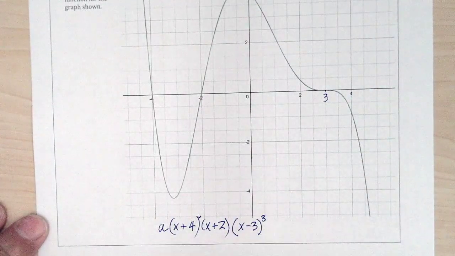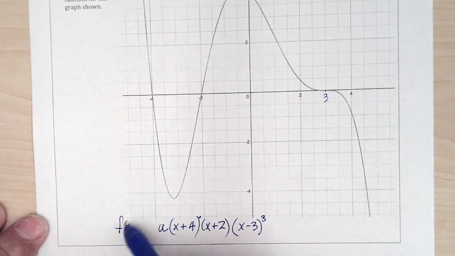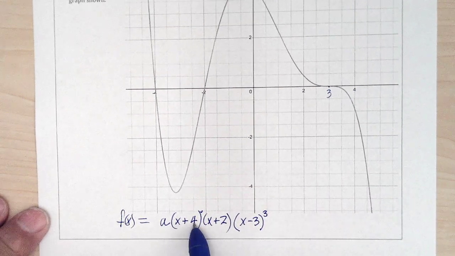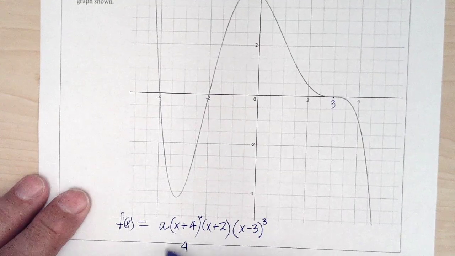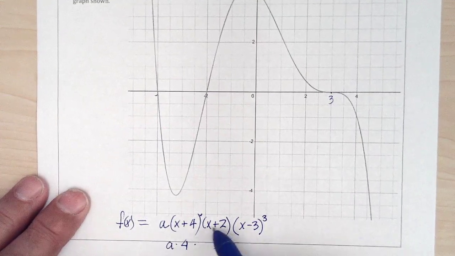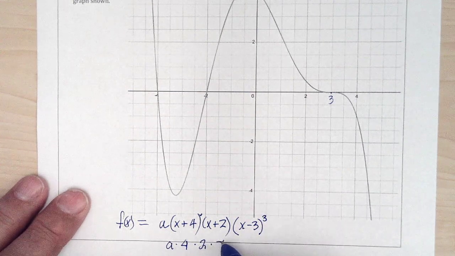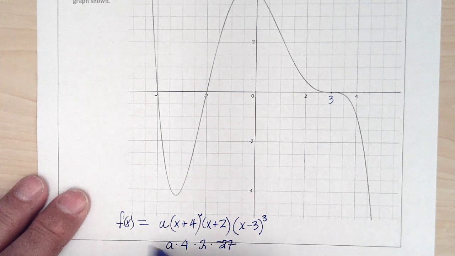And it's supposed to go through 4 on the y-axis. So there's got to be an a here that makes this have a value of 4 when x is 0. If I put 0 in here, I get 4. If I put 0 in there, I get 2. If I put 0 in there, I get negative 27.